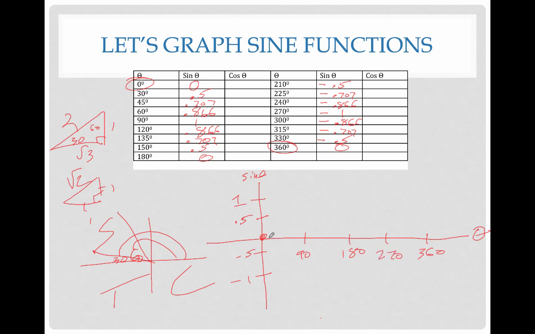And if we think about it, I could graph all of these points individually, but let's get that 0, that 1 at 90 degrees, back at 0 at 180, back at negative 1 at 270, and back at 0 here. And then watch what happens in between. 30 degrees is 0.5, and then it's 0.707 and 0.866 and 0.866 and 0.707 and 0.5.